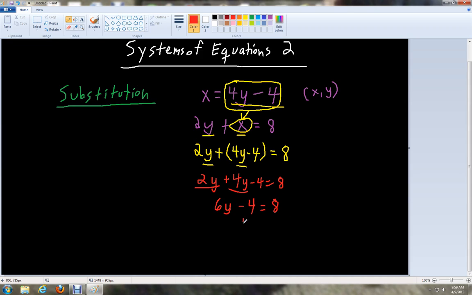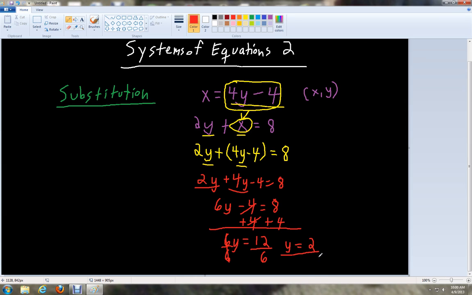Then we can add 4 to both sides to get 6y by itself. Those 4's cancel, and we're left with 6y equals 8 plus 4, which is 12. Our last step is to divide both sides by 6. Those 6's cancel, and we have y equals 12 divided by 6, that's 2. y equals 2.